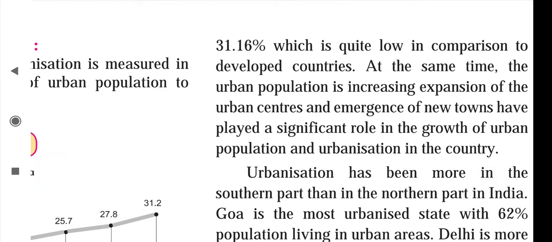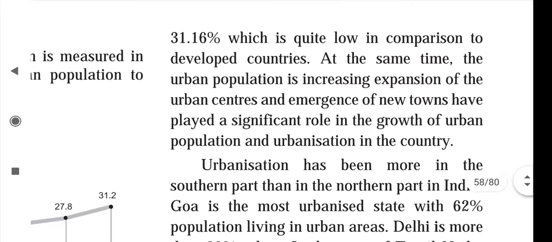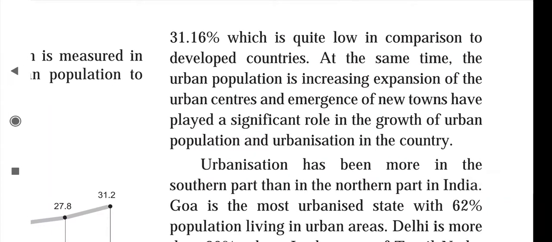If we compare this urbanization with other countries, it is very low. At the same time, the urban population is increasing. Expansion of urban centres and the emergence of new towns have played a significant role in the growth of urban population and urbanization in the country.